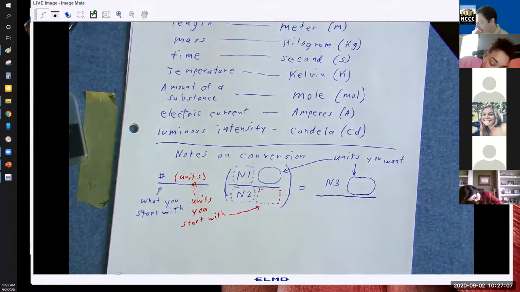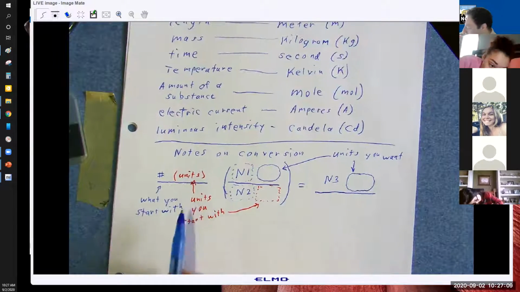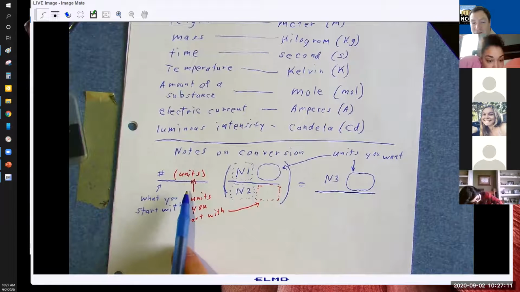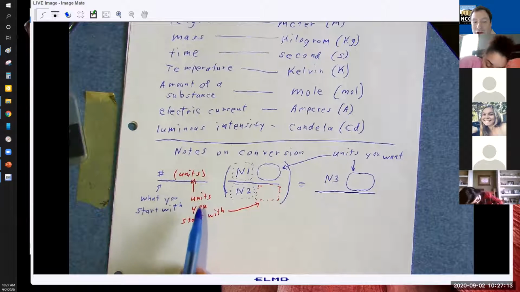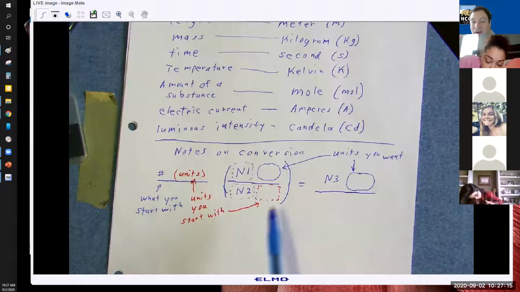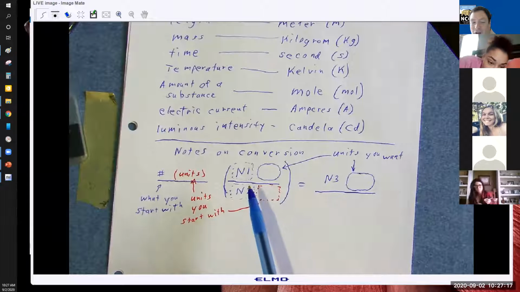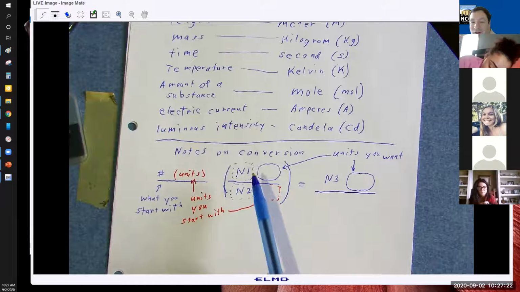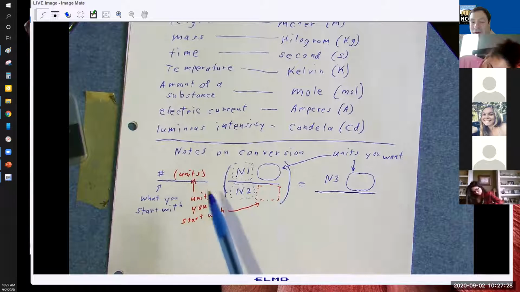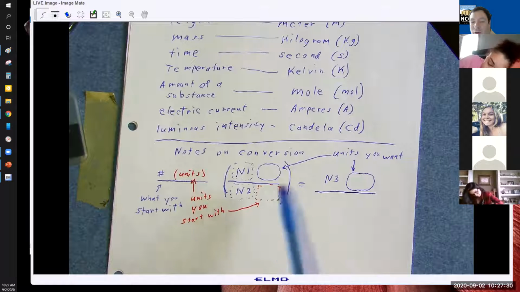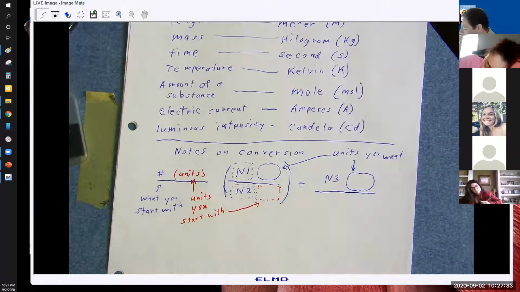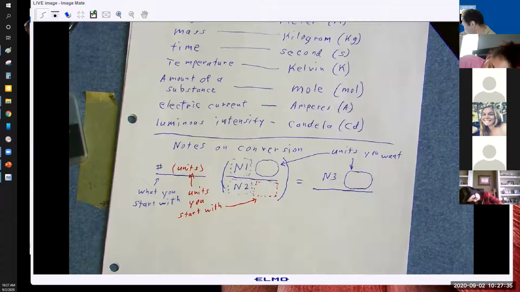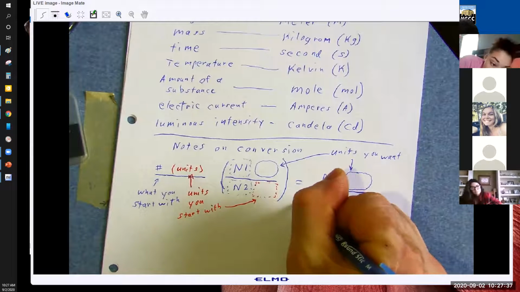All right. So basically you start with a number, it has certain units. These are the units you start with. You set up a ratio with two different numbers. One has the units you want, the other one has the units you start with. And mathematically, these units are going to cancel each other out, and you're going to be left with the units you want. And again, it's much easier to see in an example. Let me also write a note.